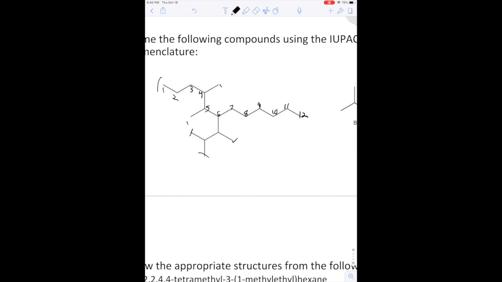Another reason why I justified starting counting here first is because I get an instant branch on 4 instead of getting a branch all the way here at 6. This one depends on your professor. This question is asking for strictly IUPAC, so I will just keep it IUPAC. I won't use any common names throughout this video.